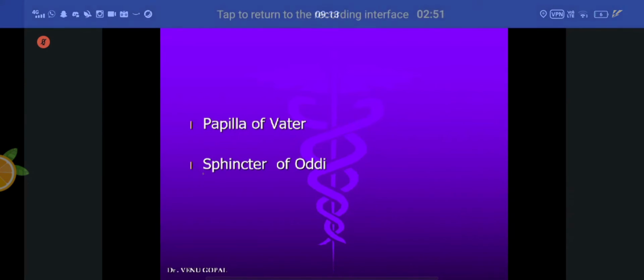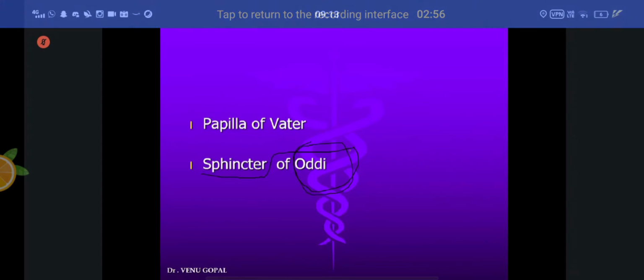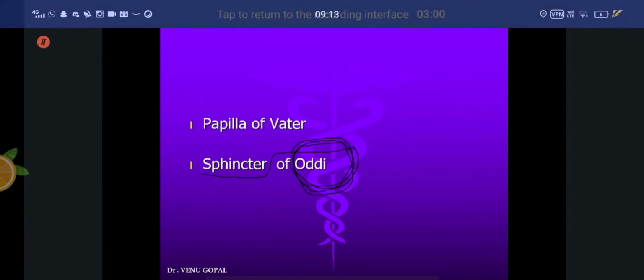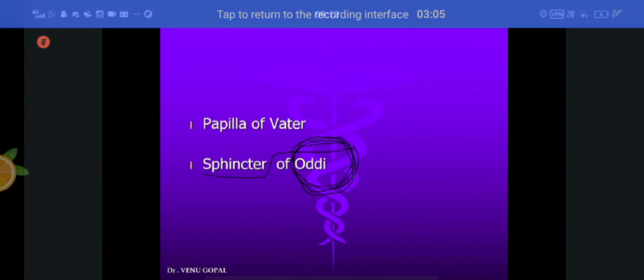This sphincter is called the sphincter of Oddi. The sphincter of Oddi must be relaxed either to release bile or to release pancreatic juice.